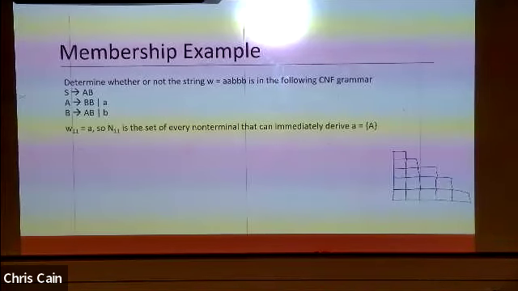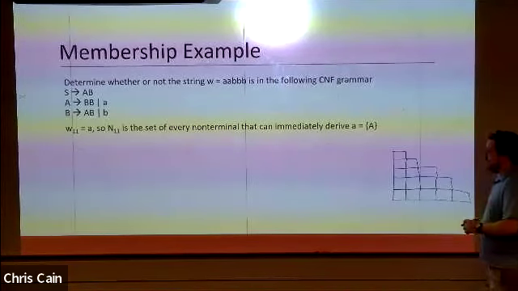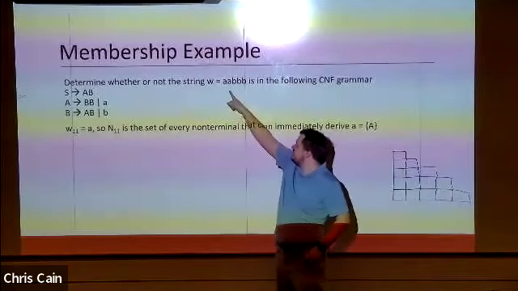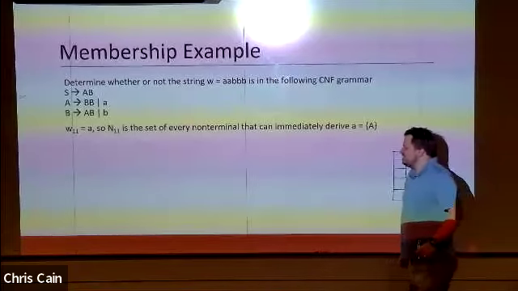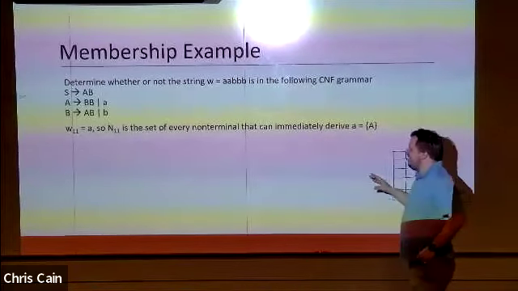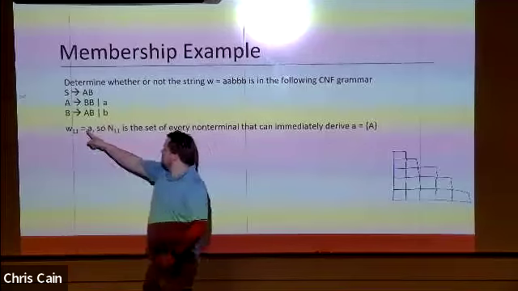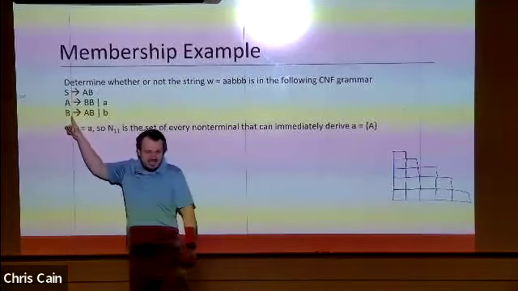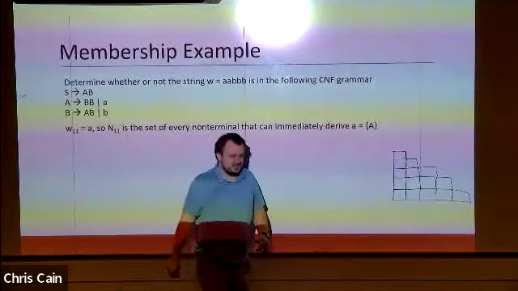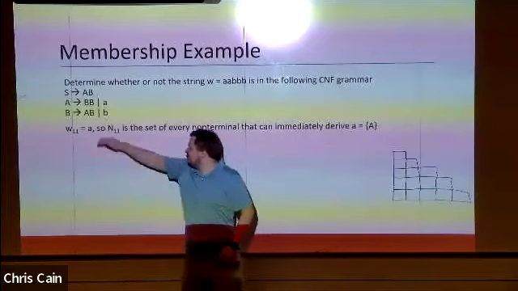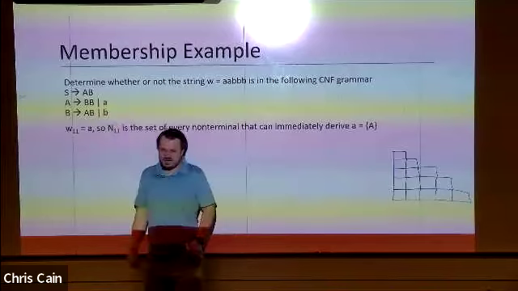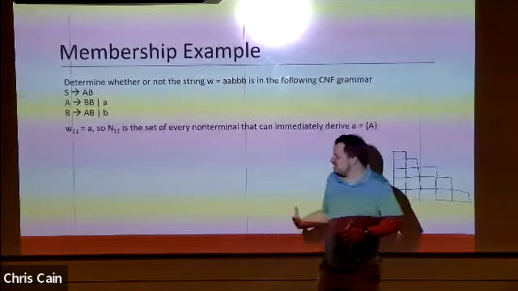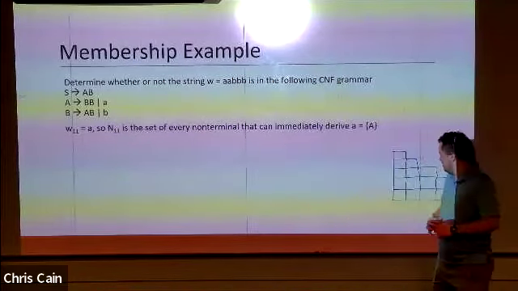So we can see that w_1,1 is just the substring a. So N sub 1,1 is going to be the set of every non-terminal that can immediately derive that character. So we see that it's right here. Here we have a production that is capital A, arrow, lowercase a. And that's the only production that can derive that character.